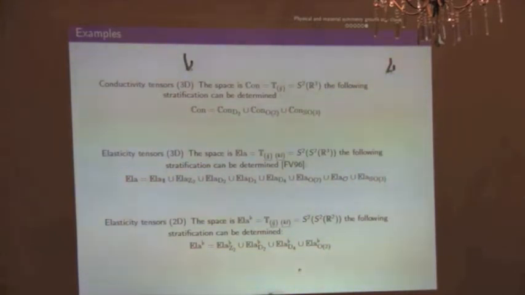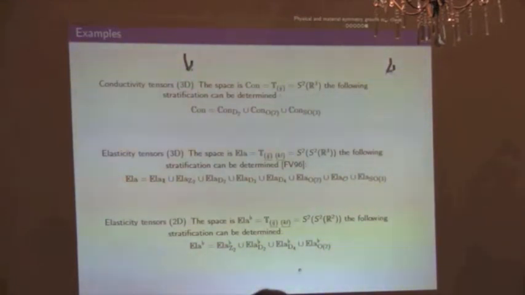For the conductivity tensor, the idea is very simple for a second order symmetric tensor. I take a second order symmetric tensor, I can diagonalize it, compute its eigenvalues. So three possibilities: each eigenvalue is different, so you're D2 invariant, you're in class D2, it's orthotropic.